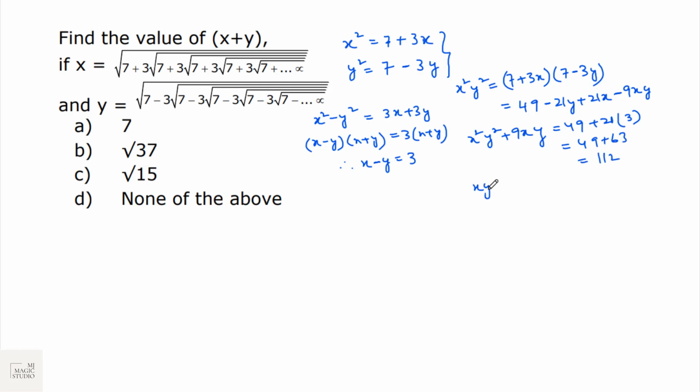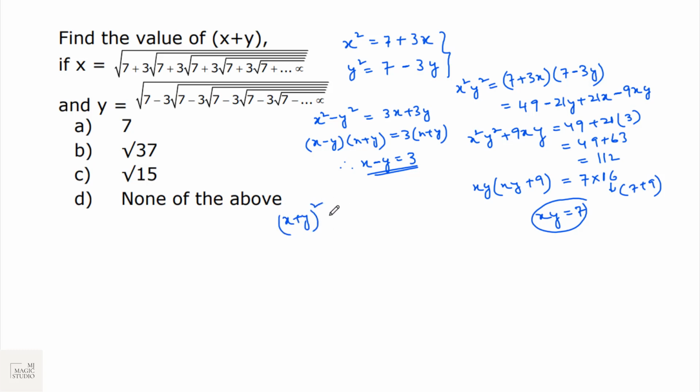That is 112. Now here we have xy into xy plus 9 is 112. 112 is 16 into 7, it is 7 into 16, and 16 is 7 plus 9. So we are getting xy is equal to 7. x minus y is equal to 3.